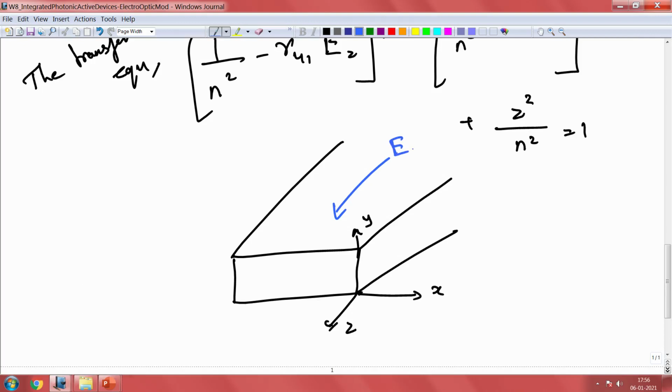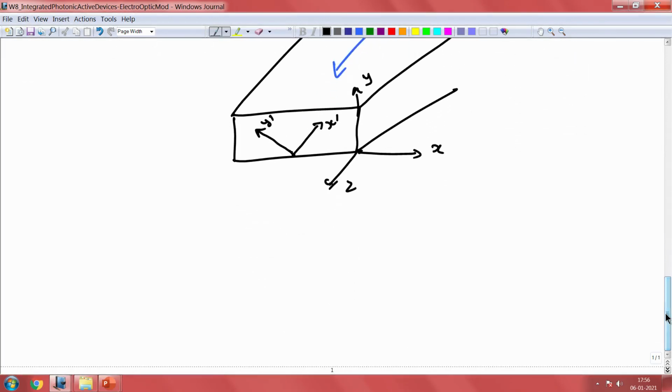So, this was E. So, now this was x and y, right. So, we have rotated these things. So, that means your x dash here and this is y dash. Okay. So, this is the change that we have right now. And now the question is how our refractive index along this x dash and y dash is going to be, right. So, this is what we are interested in.